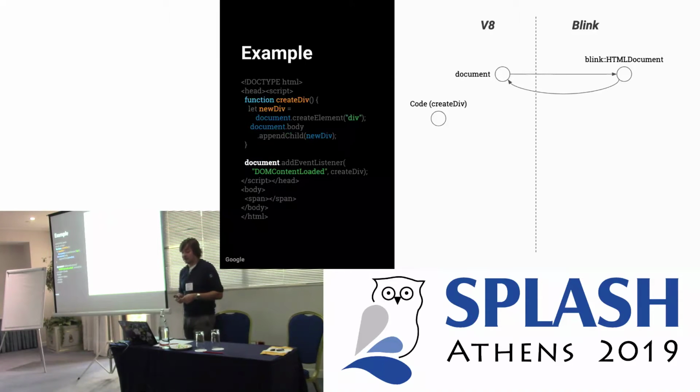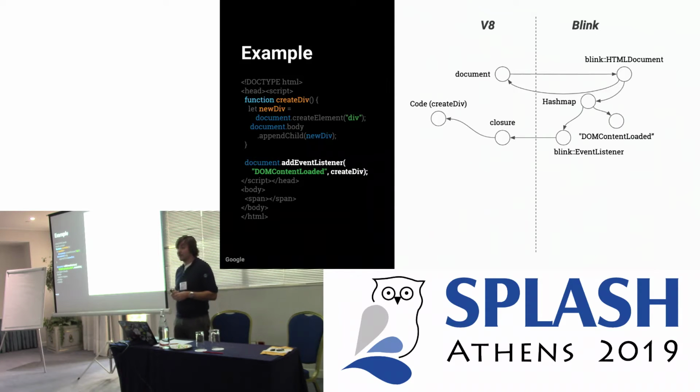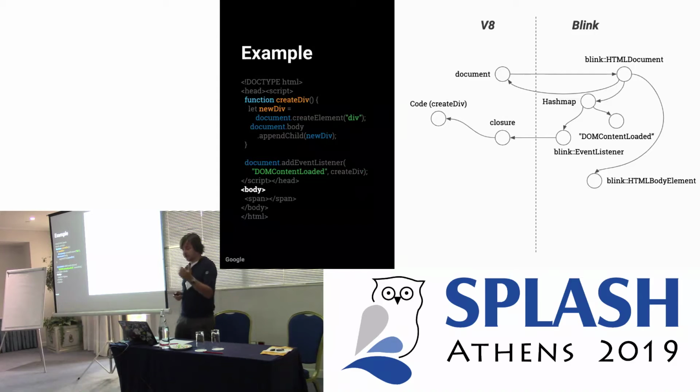So we request document, which gives us our first pair here. We then use that document to refer to the DOM and add an event listener, which creates an object structure on the DOM, because event listener is a concept of the DOM and doesn't exist in JavaScript. For that purpose, we also need to create a JavaScript function object, which is pointing to that code. And on the C++ side, we have some concept like event listeners and strings and so on, and some way to map them.